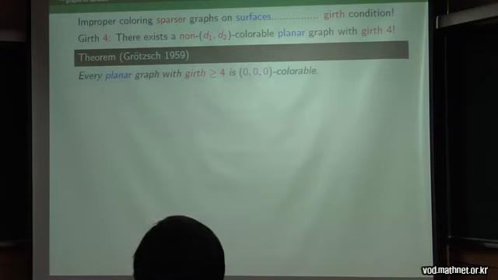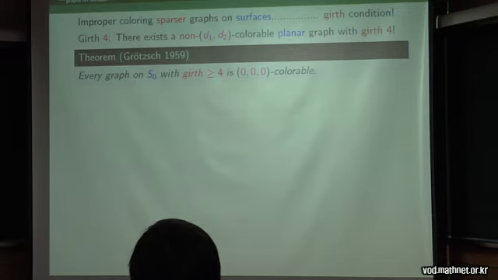There's this theorem by Grötzsch that says if you partition a triangle-free planar graph into 3 parts, then I can make them all into independent sets. So this is saying if you give me a graph on some surface of Euler genus 0, then it's 0, 0, 0 colorable.